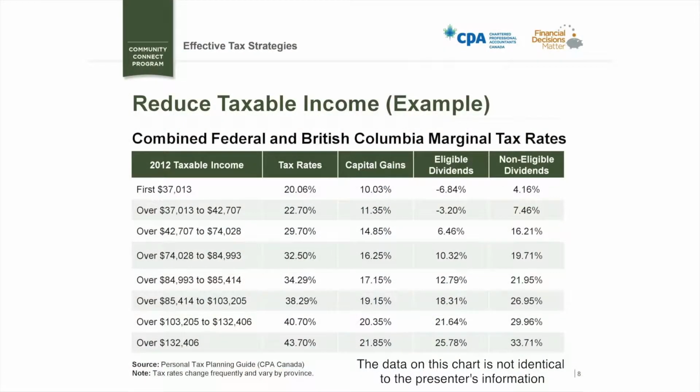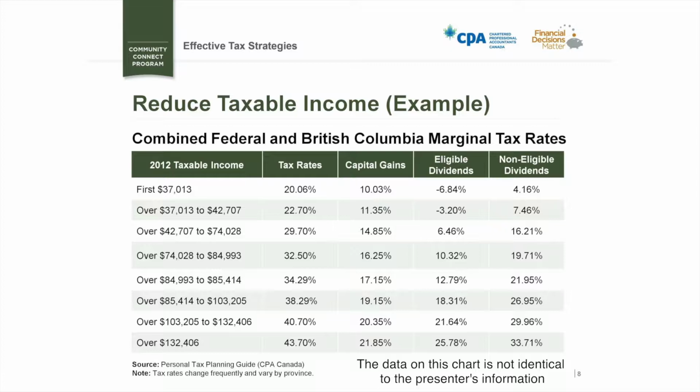Now, what's really important to see in this slide is the tax rate on different types of income. And this is important when you're trying to decide what you invest in, for example. You can see that the normal tax rate has it from 20%, let's say, down to 46%. So that would apply to something like interest income.